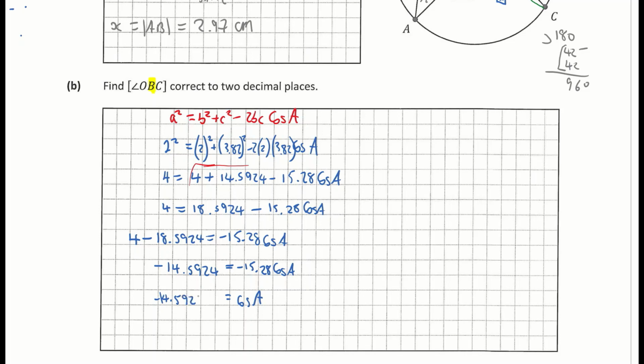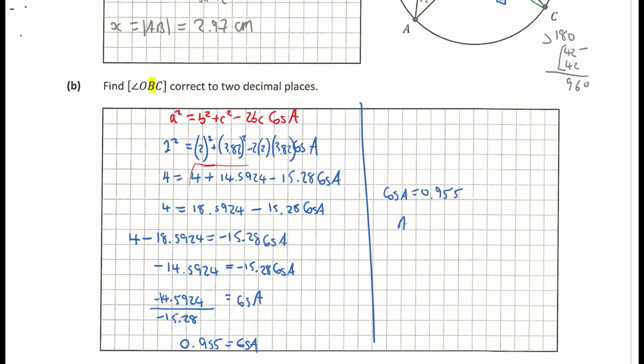And when I divide that in, I get a positive 0.955. I'm running out of space, so I'll just bring it up here to the right hand side. So 0.955.